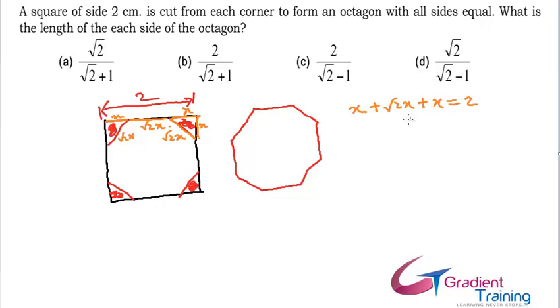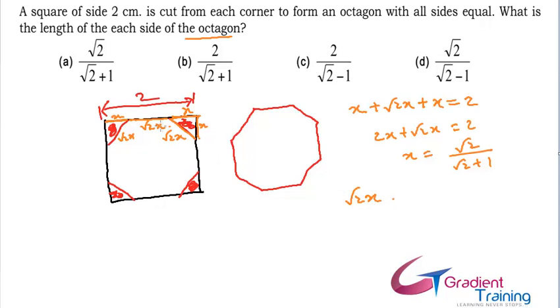From here we get the value of x as 2x plus root 2x equals 2, or x equals root 2 upon root 2 plus 1. But then this is the value of x. We are not looking for value of x here. We are looking for side of the octagon, and side of the octagon, the length is root 2x.